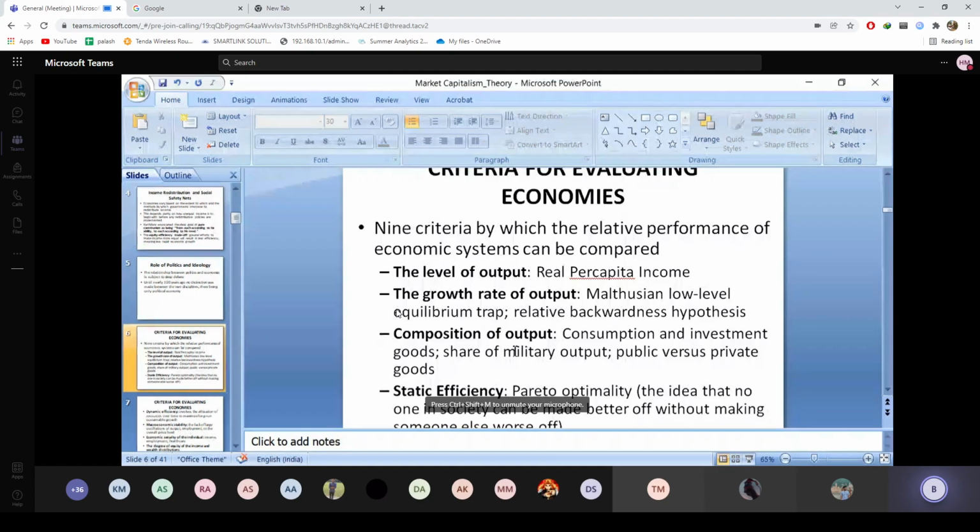Now, that's interesting in the sense that you can see the composition of consumption and investment goods, which kind of goods the economies are actually producing. Is it consumption goods or is it investment goods? And we also have to see, out of the total production taking place in the economy, what is the share of military output, as in contrast to civilian output or goods, or how much percentage of goods are produced by the public sector and how much by the private sector.